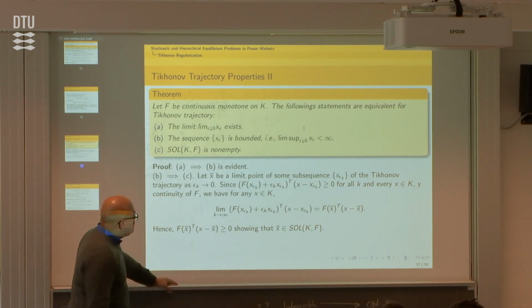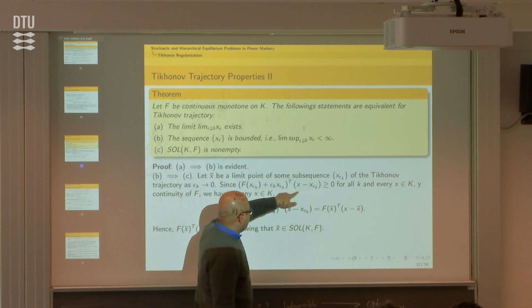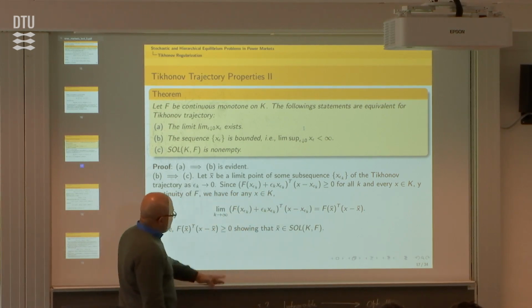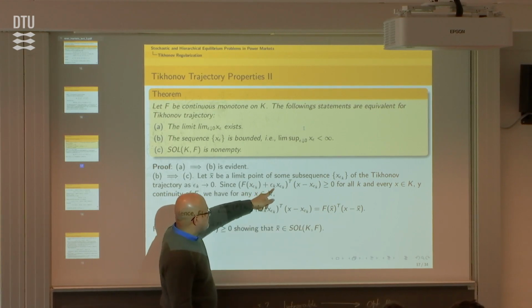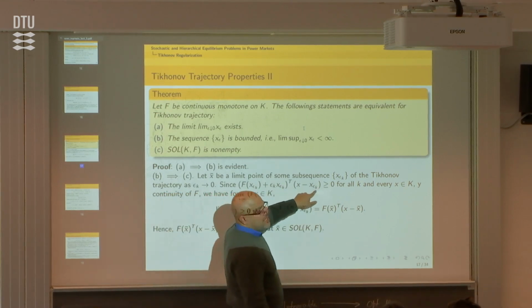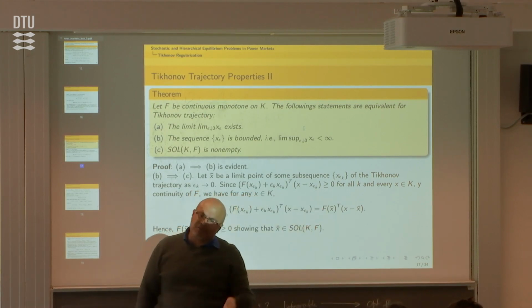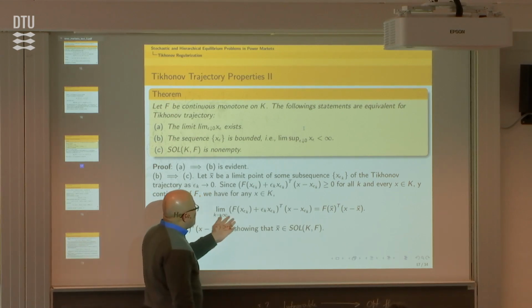Now, since along that subsequence the solution property holds for the VI, what you have is this requirement: F of x epsilon k plus epsilon k times x epsilon k, which is the value of the regularized map, transpose x minus x epsilon k. What is that? That's just the optimality relationship for the regularized VI. Now take limits.